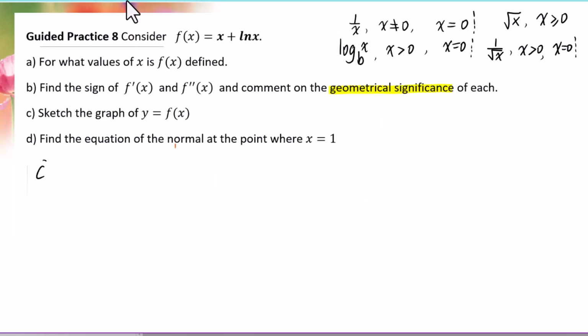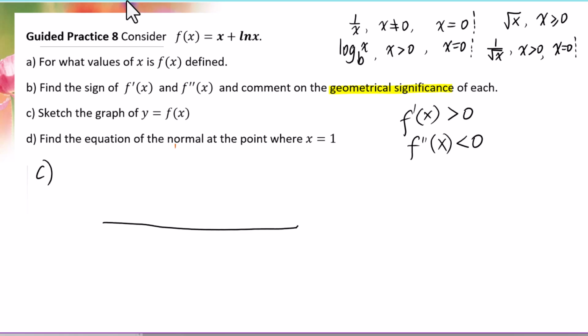Let's go to C. Sketch the graph of y equals f of x. We already figured out f prime of x is positive for the domain, and also f double prime of x is negative, concave down. So let's sketch the graph.